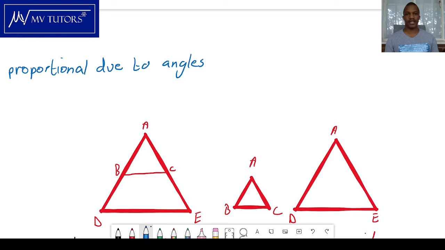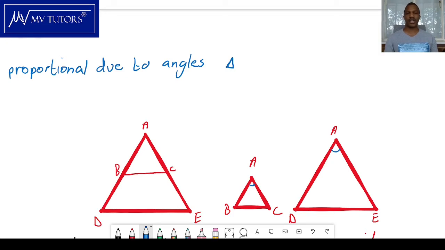What we say is that angle A is equals to angle A on the big one. Remember, you always do proportion of small is to big, right?